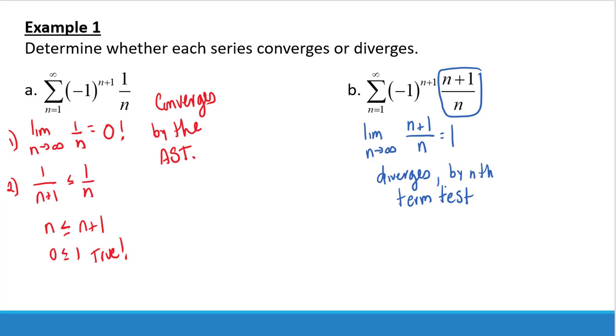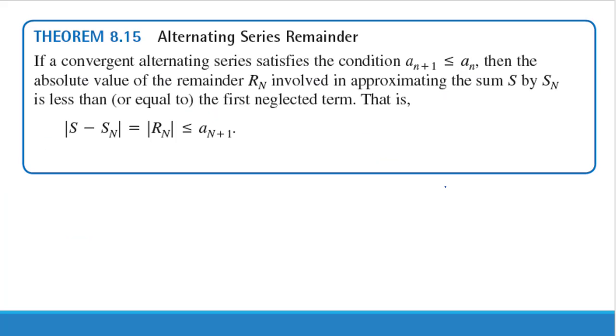Okay, alternating series test remainder. So basically when you're summing up all of the terms, first of all, we have to be a convergent alternating series. The absolute value of the remainder, what's left over after I've added all the terms, is less than or equal to the first neglected term.